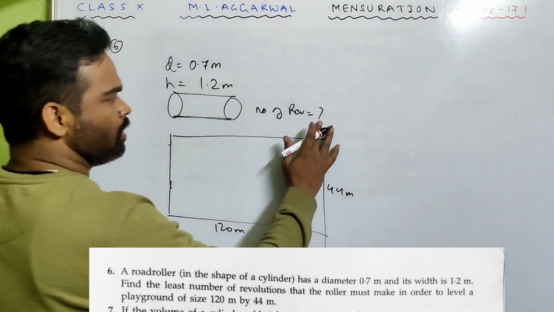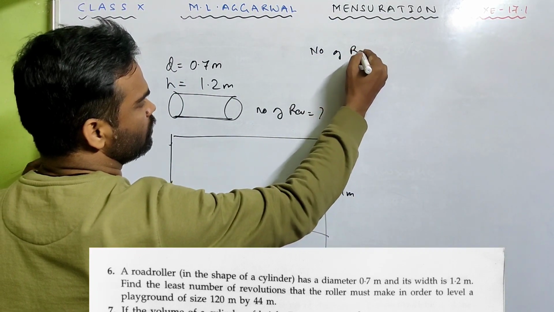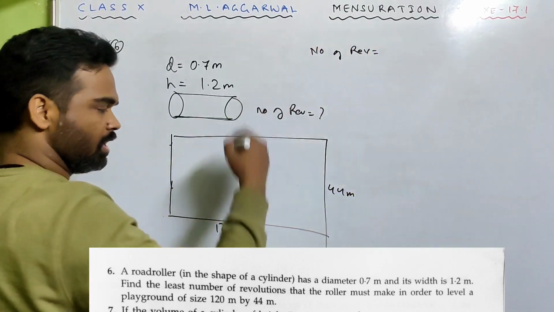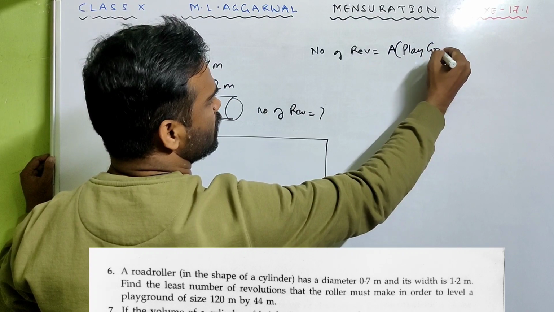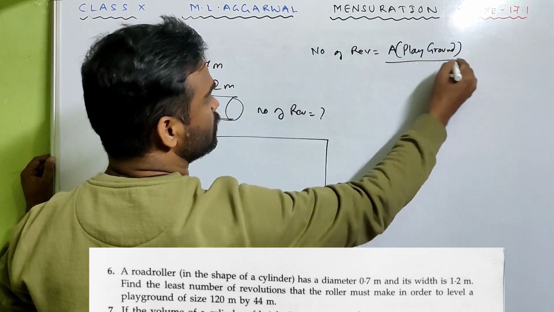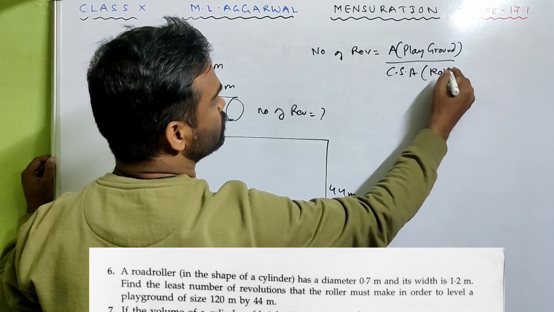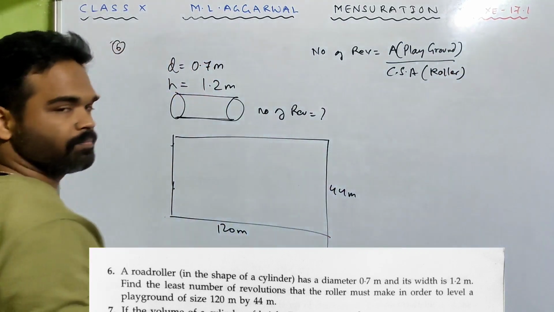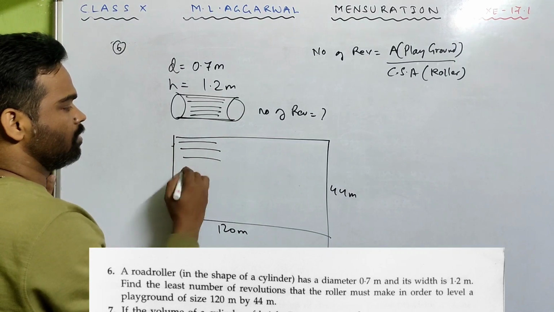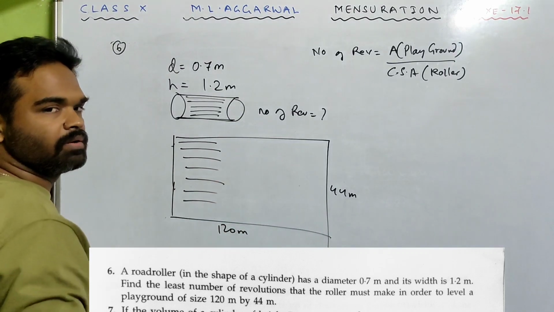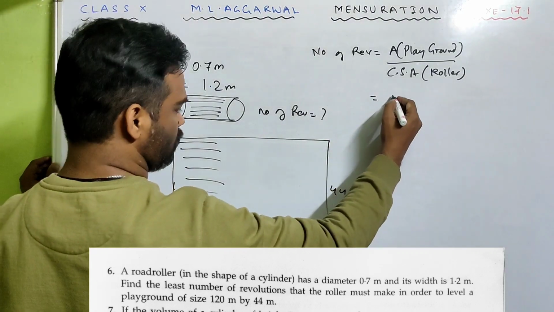We know number of revolution will be the area of the playground by the curved surface area of the roller. That is the logic over here, because this surface will be on the playground which will be rolling, so now area of the playground is what?